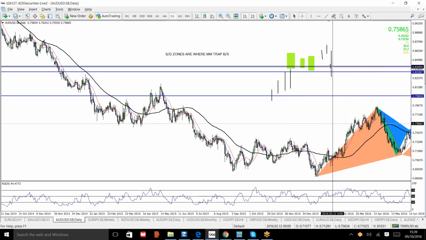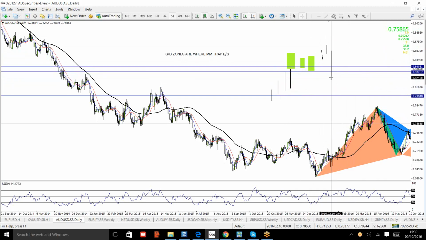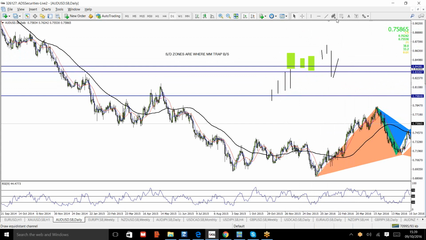Push the market down, hit your stop losses. Yes, they will take out all your stop losses, and then may take the market to the upside again. That is one way of explaining how they trap. They will hit your stop loss and take the market up again.